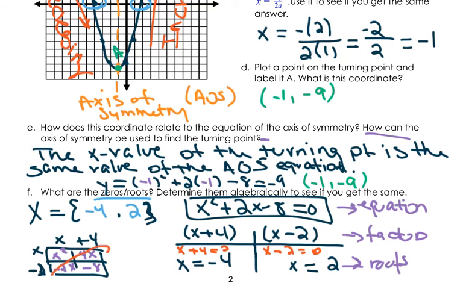Then we combined our like terms. Okay, and then we'll end up with, to show the connection, x squared plus 2x minus 8. Okay, thank you.